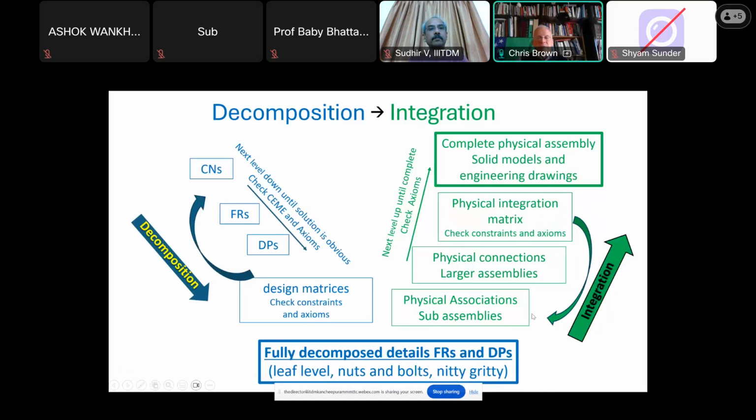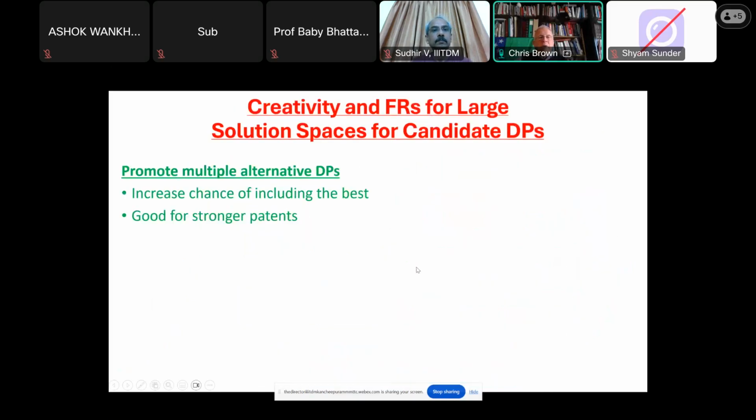Here we're going to look for physical independence to satisfy axiom 1. Also, we need to say, well, which assembly of physical integration will have the greatest probability of success. So again, as we're going through the physical integration, we need to keep applying the axioms. Okay, so creativity.